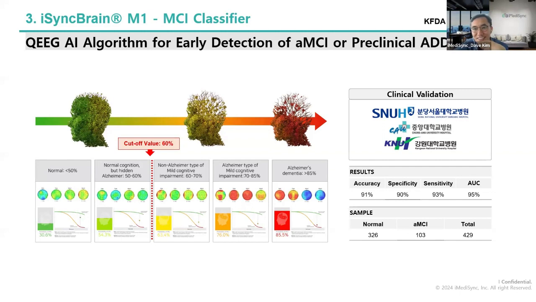So if your client has a probability over 60%, that is very close to the MCI population QEEG pattern, so you can expect this could be the real MCI.